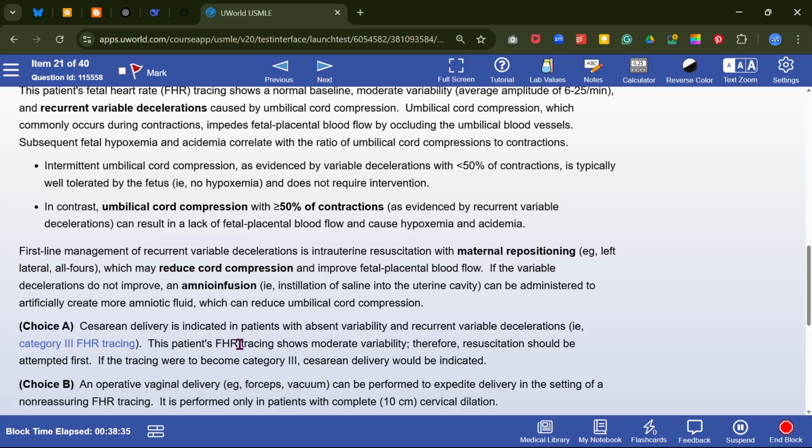This patient's fetal heart rate tracing shows moderate variability. Therefore, resuscitation should be attempted first. If the tracing were to become category 3, cesarean delivery would be indicated.